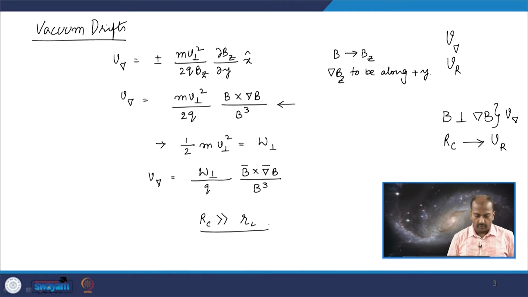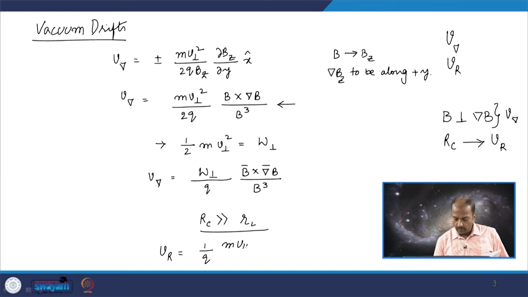In that case, the curvature drift VR was derived to be 1 by q, m V parallel square divided by RC square, times RC cross B divided by B square. Let us call the first equation 1 and this equation 2, right.